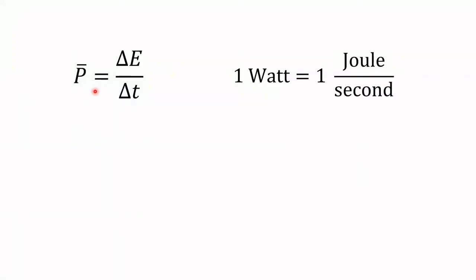The definition of power, really average power, is the total quantity of energy exchanged or produced or used, whatever the transformation you're talking about is. Take that total quantity of energy, divide it by the time during which that transformation happens, and that ratio is what we call the average power associated with that energy transformation.